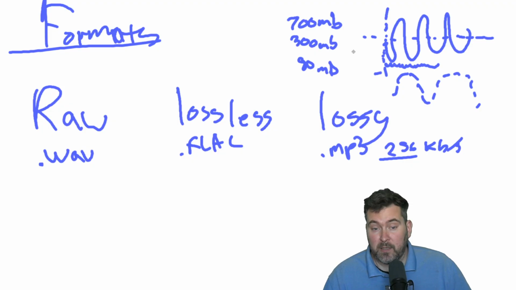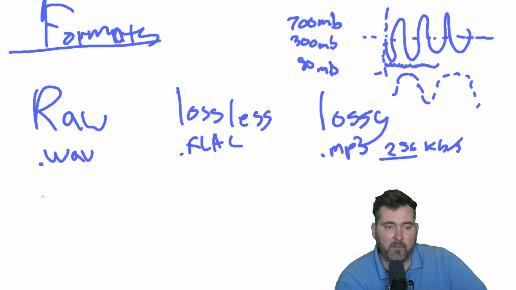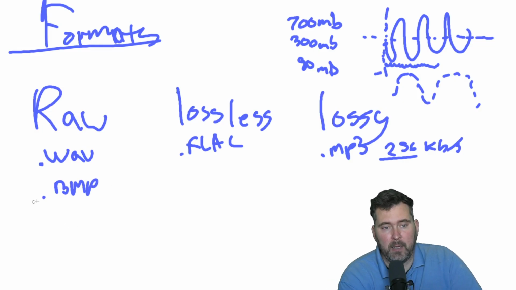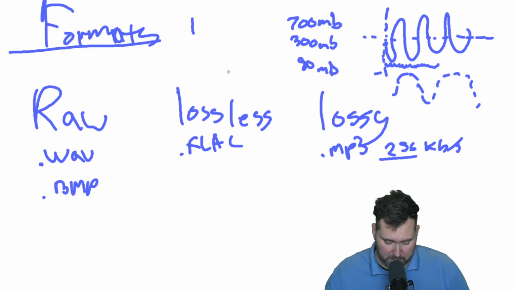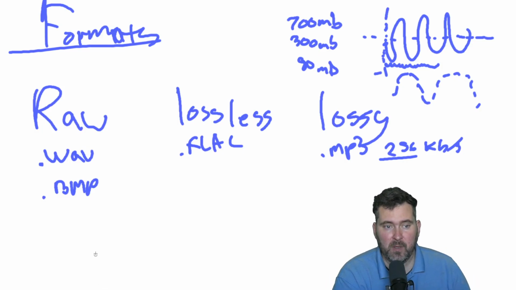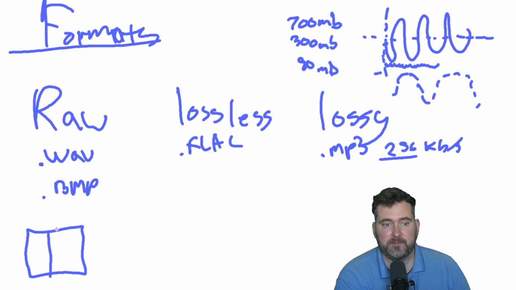So let's take a look at another kind of format. There's a raw format for an image called BMP or bitmap. Now, this format is essentially the same thing as this. I guess I'll draw it a little bit closer here. For a BMP file, let's just assume that you had something like 9 pixels.